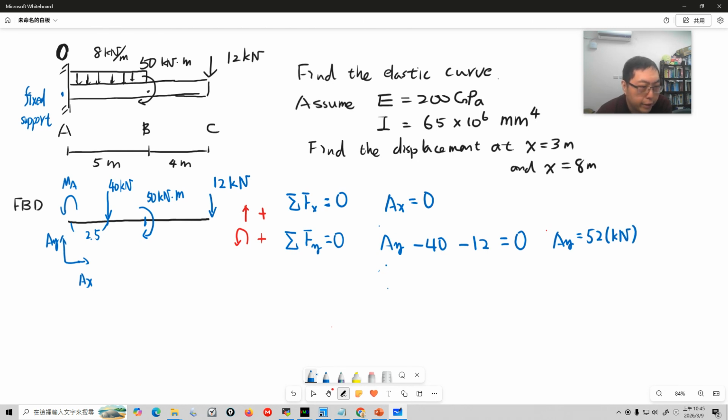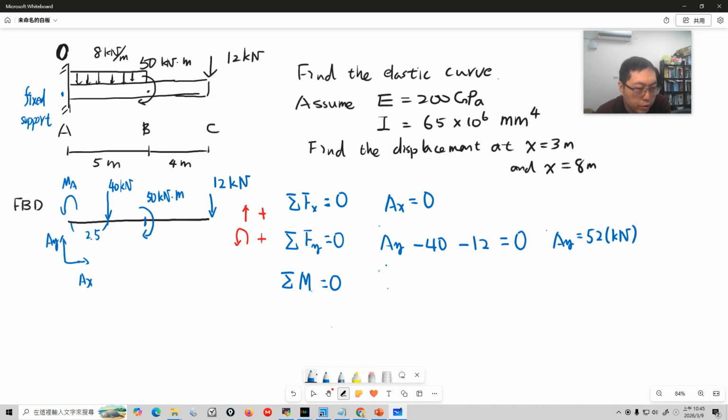Also the overall moment: because of statics, the summation of moments must be 0. The total moment must be 0. Maybe I didn't make a very good notation here.